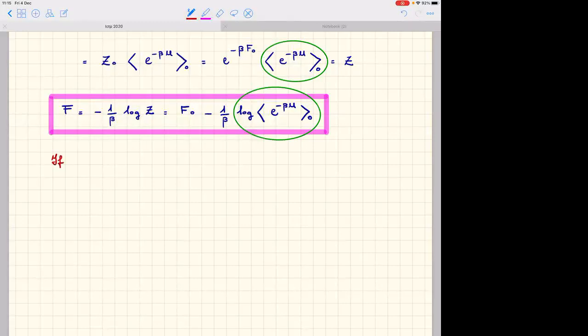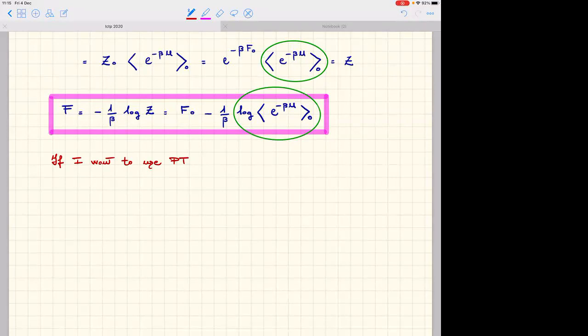If I now want to use perturbation theory, you all know what perturbation theory is, right? It is when you expand in powers of the interaction. You have done this in quantum mechanics, for example.